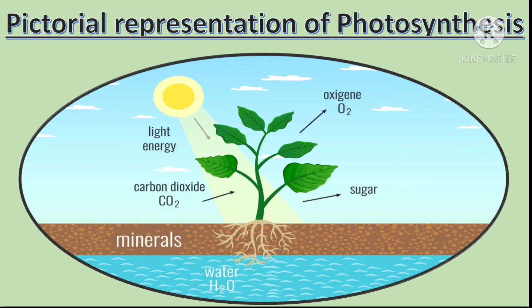That is, in the presence of sunlight, the plant absorbs carbon dioxide from air and water and minerals from the soil through roots, and then, combining this carbon dioxide, water and minerals, a chemical reaction happens, which results in the formation of sugar, that is C6H12O6, and also oxygen. The plant stores the C6H12O6 for itself and releases oxygen into the atmosphere.